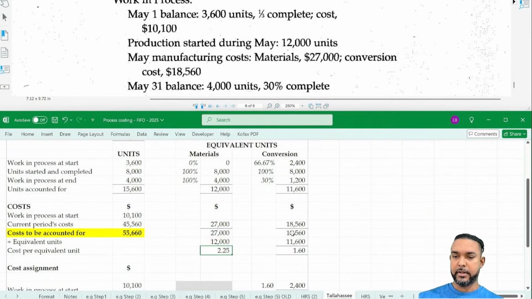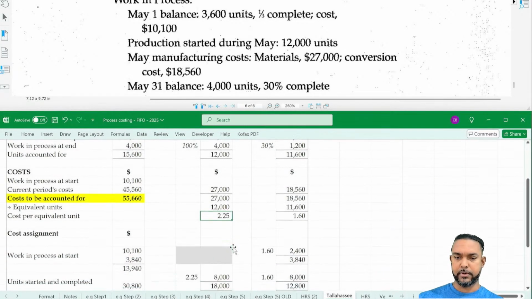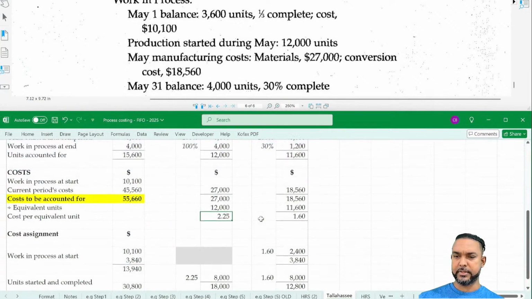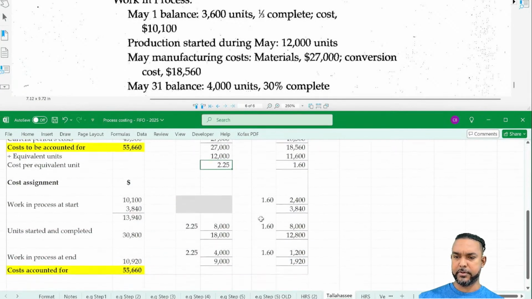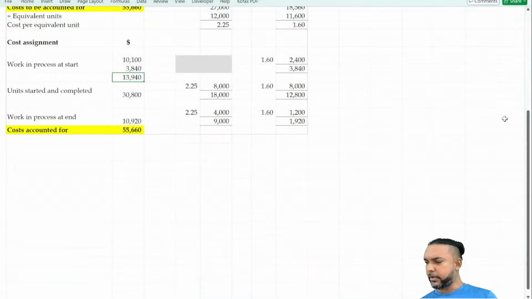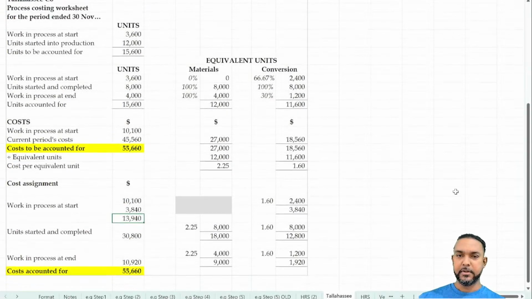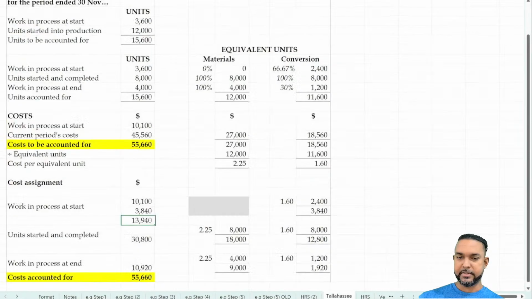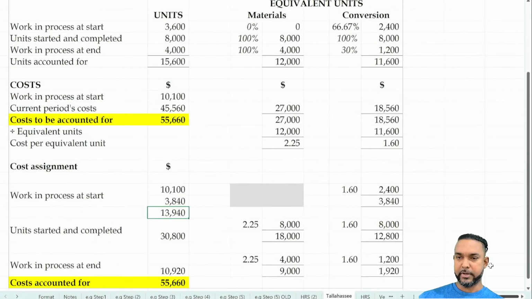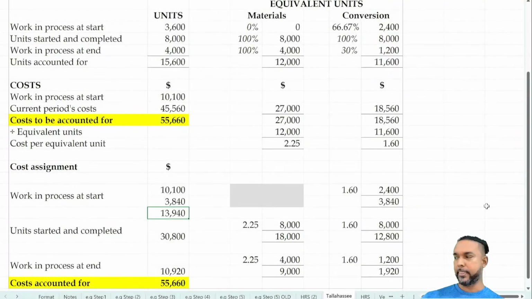And then 18,560. Right, so the 10,000 was pulled and it's 1.6 by 2,400, 38 plus 39. Remember what I said: with Excel, if you plot it correctly, you could just plug in a couple of things and it does the work for you.